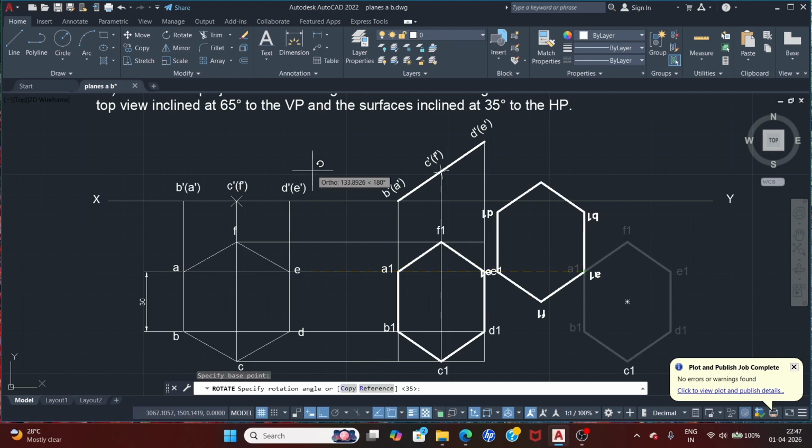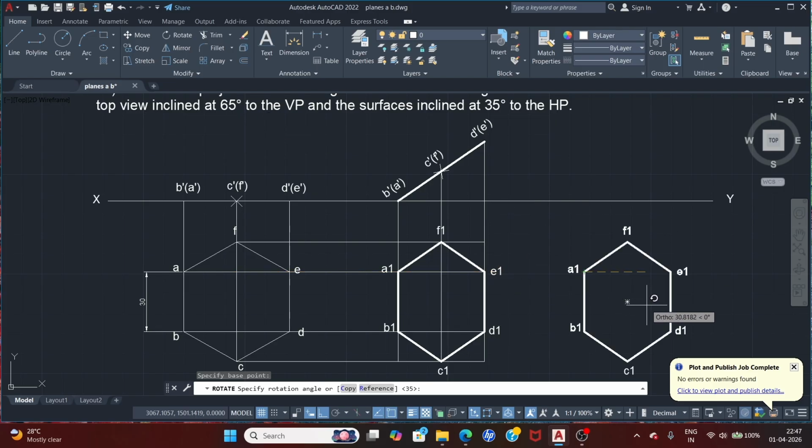Here, what is the rotation angle formula? 90 minus angle. So if the rotation is above XY, it is minus of 90 minus angle. Okay, so that is the formula for compressed drawing rotation. Suppose if it is a line, direct angle for the HP and VP means 360 minus angle.